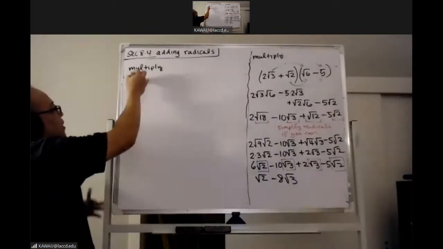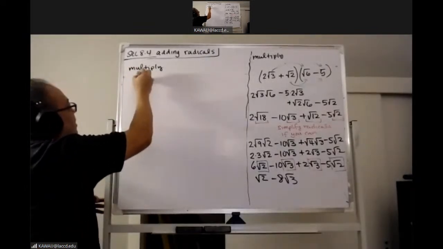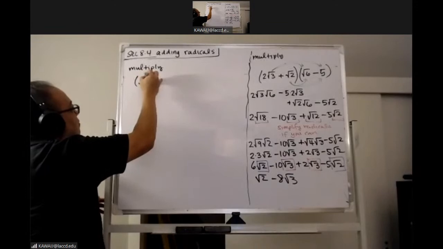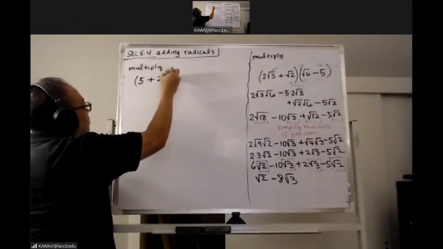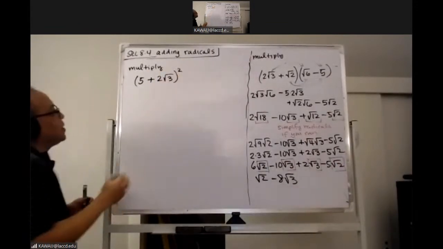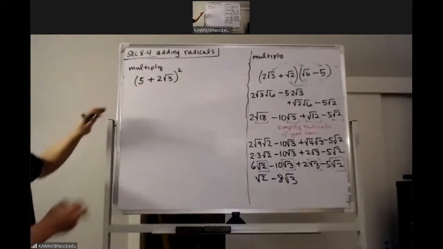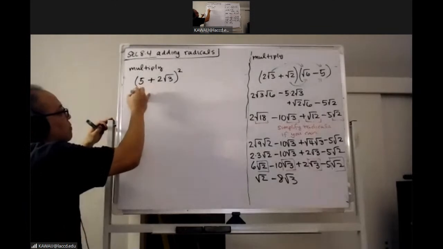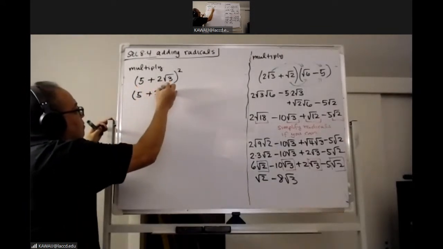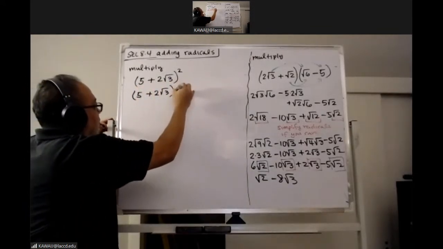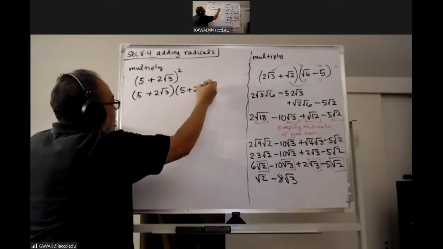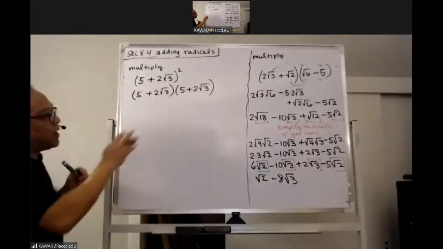So multiply. Now, this can sometimes be given like this, where it's hidden like that. So I'll do the first step for you, then you'll expand this. So go ahead now and FOIL that.